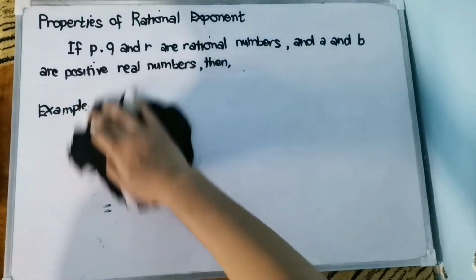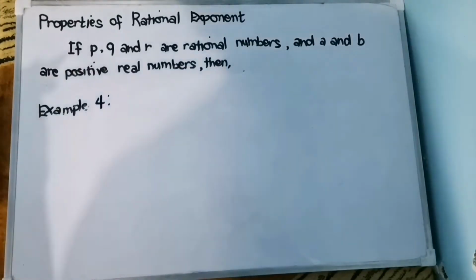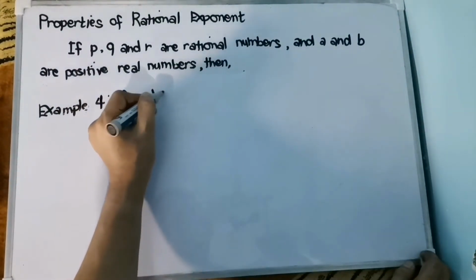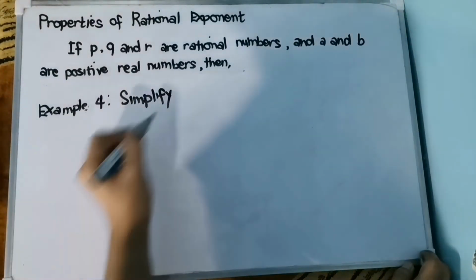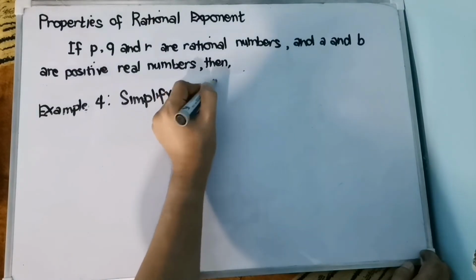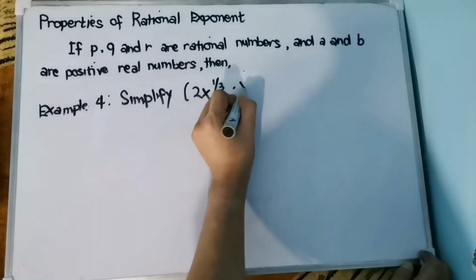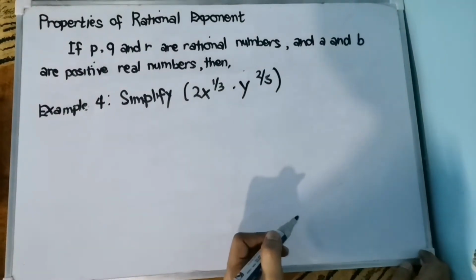So we're now on the last two examples. So we have here example 4. Simplify 2x raised to 1/3 times y raised to 2/5, squared.